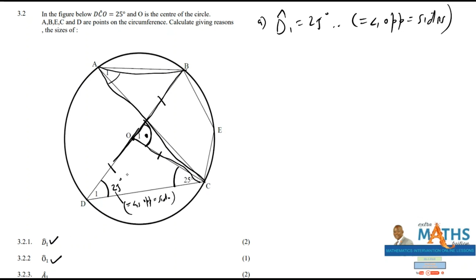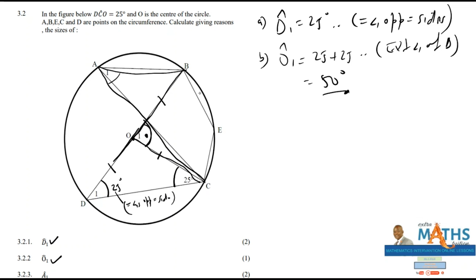Calculate O1. O1 is an exterior angle of these two angles. It means to find your O1, it will be 25 plus 25. What is the reason? It's an exterior angle of a triangle. Therefore, O1 is 50 degrees. Put 50 degrees instead of O1.